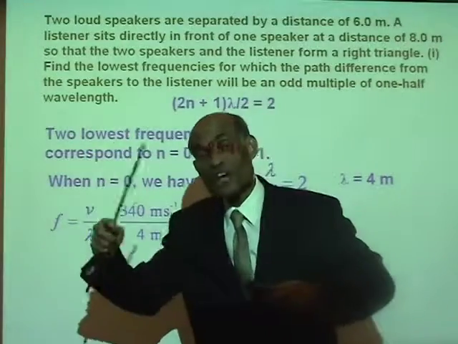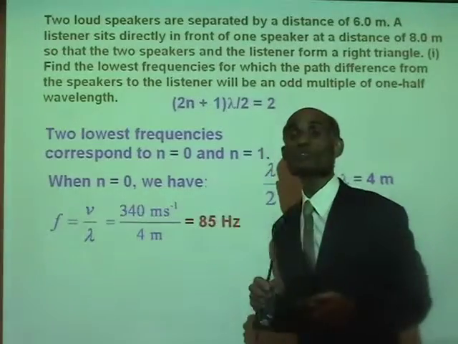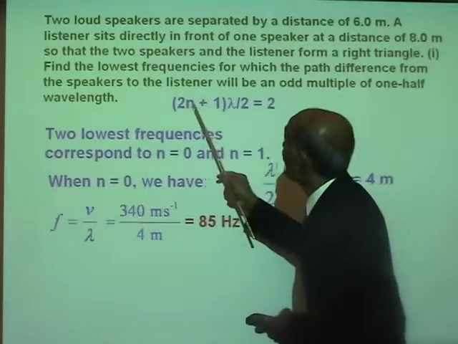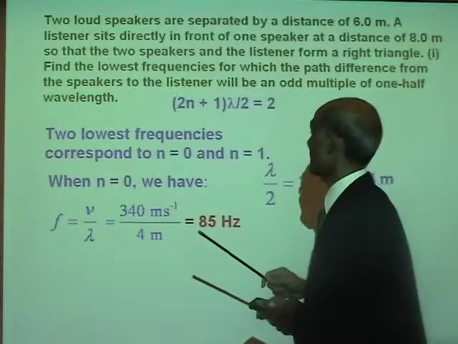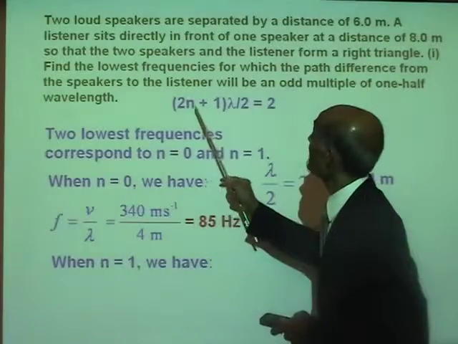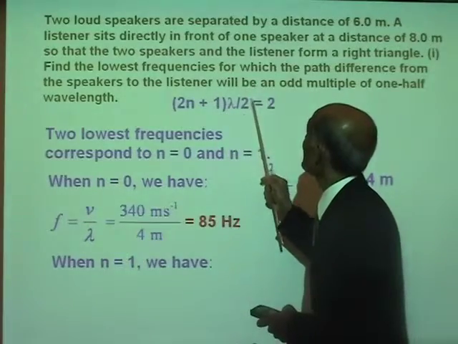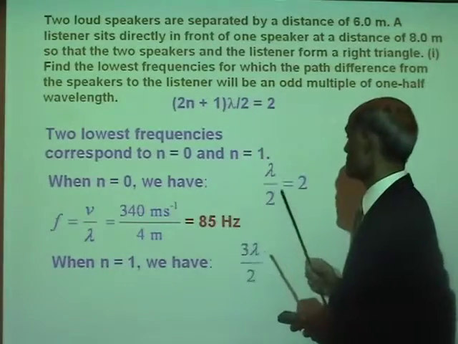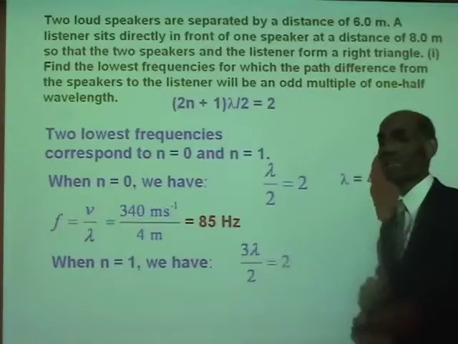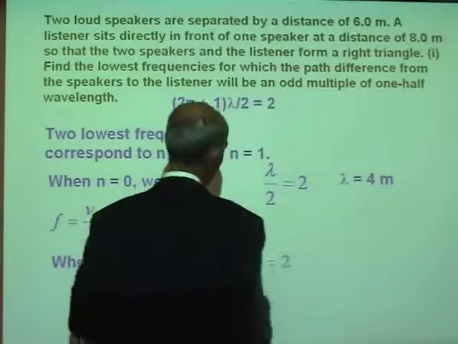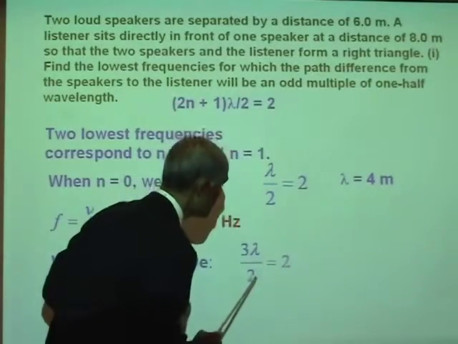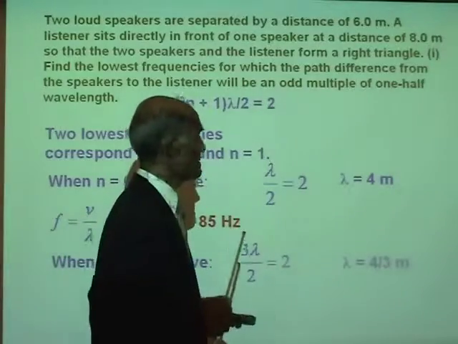What is the next higher frequency which will do the same thing? That happens when n equal to 1. And when n equal to 1, 2n plus 1 will be 3. This will be 3 lambda by 2 equal to 2. Or what is lambda equal to? Can you solve lambda from here? Lambda will be 4 over 3 meter.